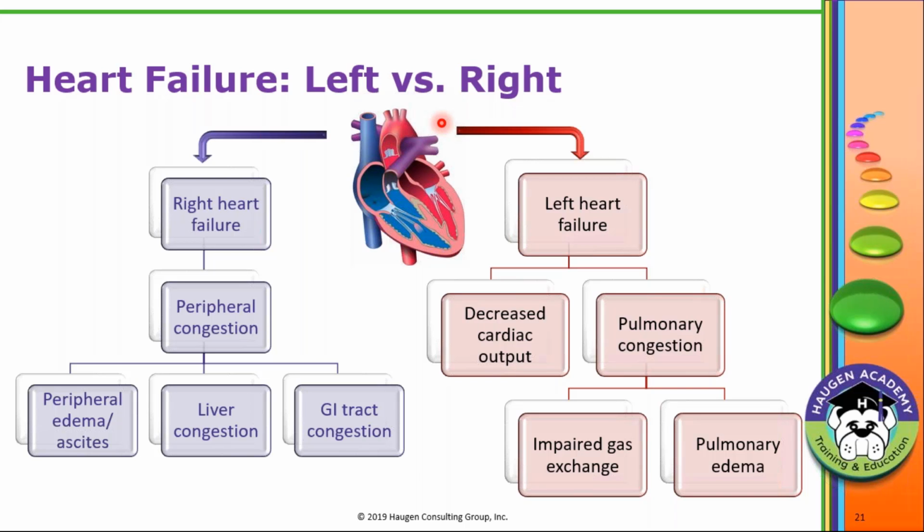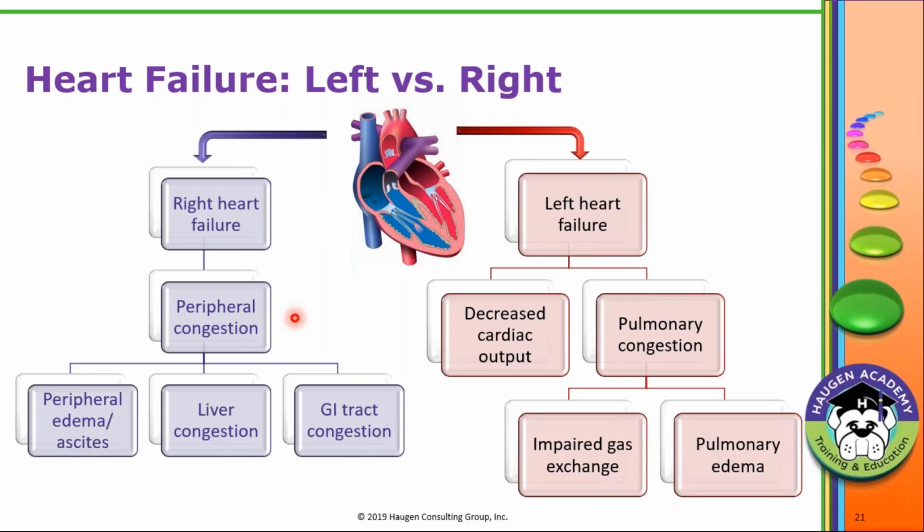And when you think about right versus left heart failure, the symptoms are really going to help them know which side of the heart is failing. On the right side of the heart, if we have problems with the right ventricle, some dysfunction going on here, then what's going to happen if this side of the heart doesn't beat properly? We're going to get backup of blood in the body's tissues, and so we end up with peripheral congestion.